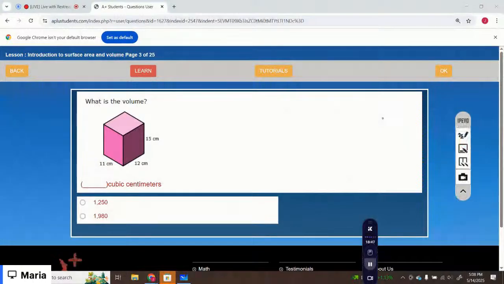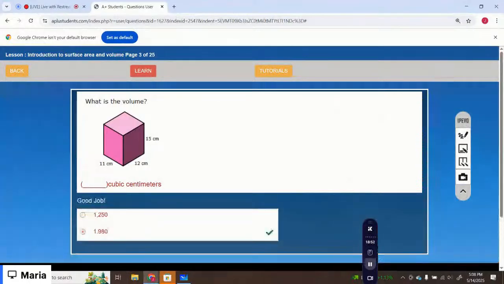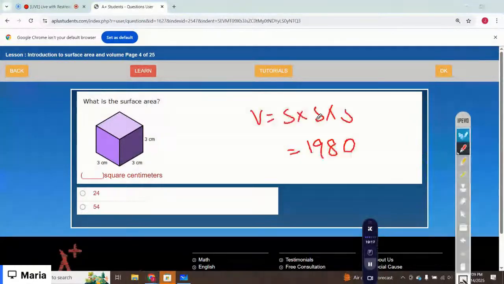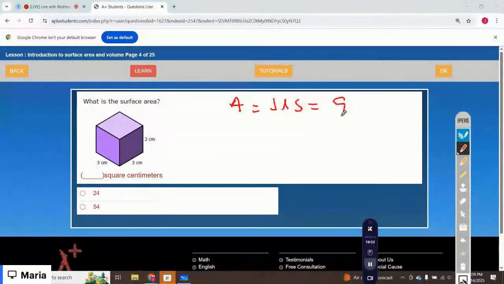Okay, the next one is, what is the surface area? So you need to calculate the surface area, right? So just calculate the area of one face. The area of one face is side times side, right? 3 times 3 is 9. Now the six faces.